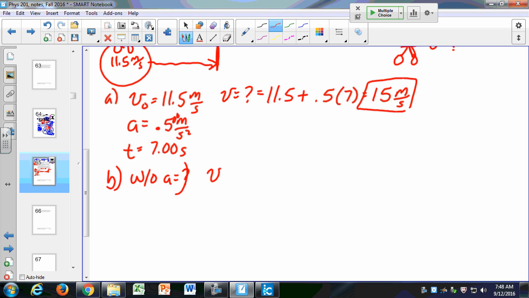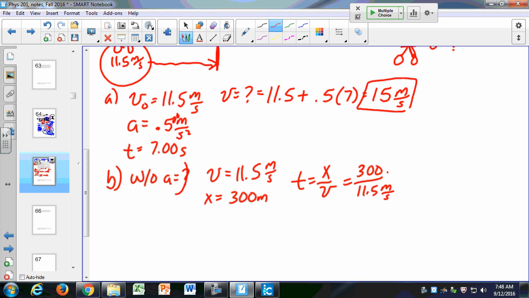Well, V will be 11.5. X is 300 meters. And so T is X over V. That's just going to be 300 over 11.5, which is 26.1 seconds.